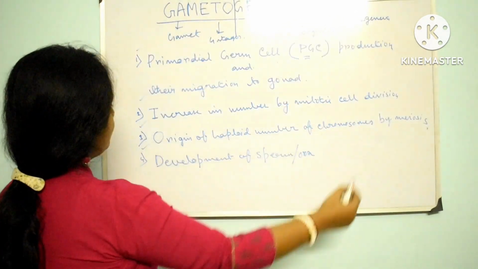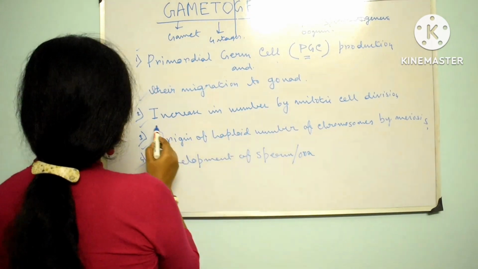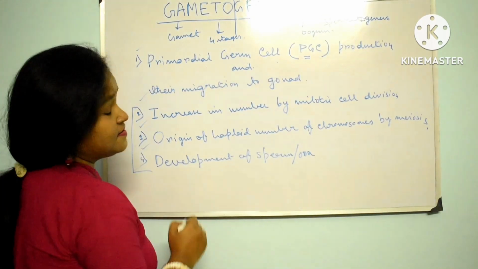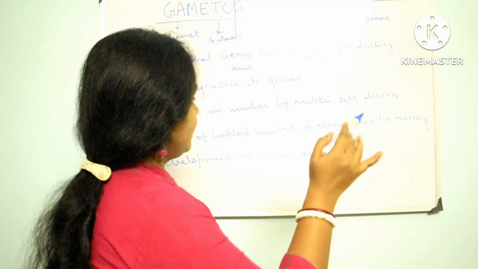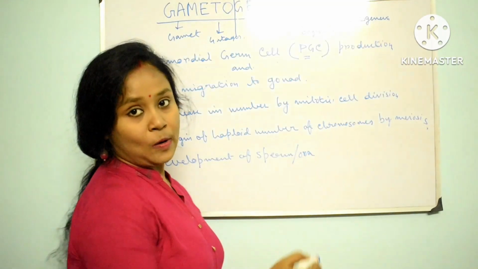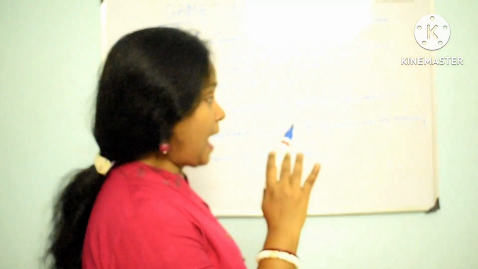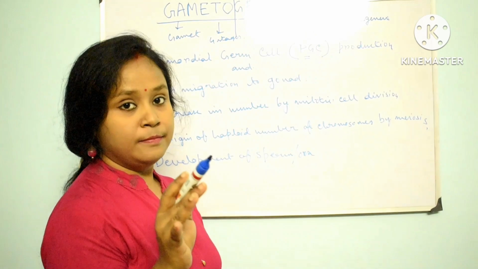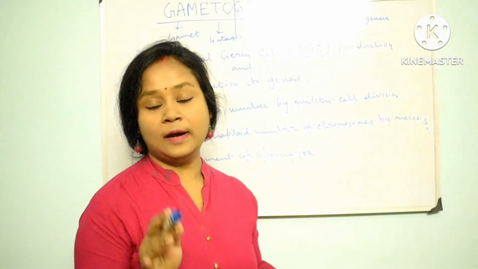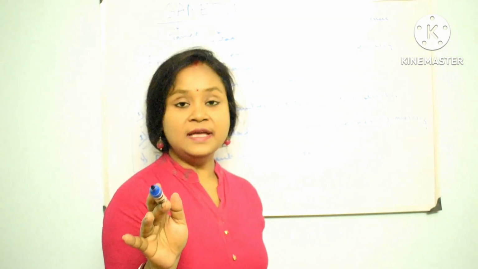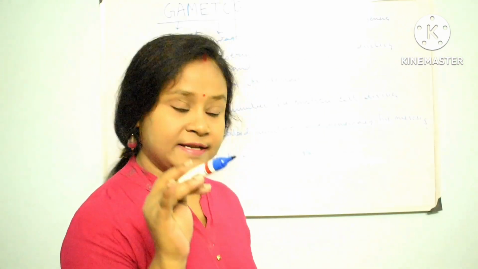Out of these 4 stages, the last 3 stages occur particularly in the male, in the testis. And in case of female, in oogenesis, the last 3 steps occur in the female parent body, in the ovary.